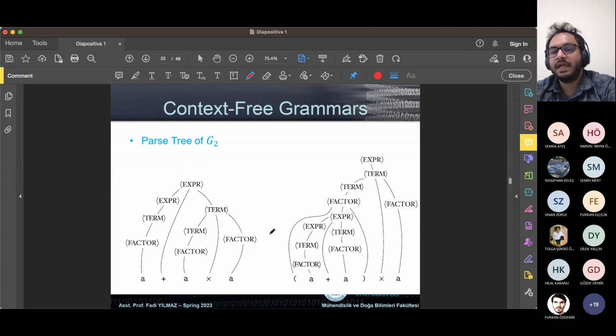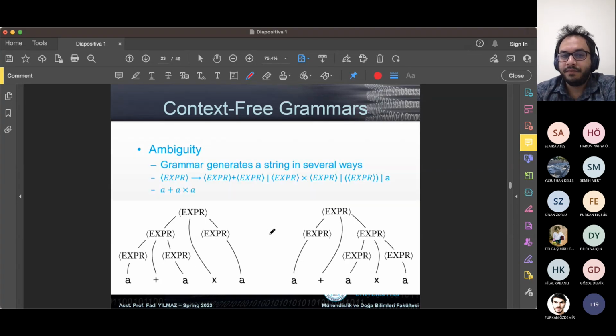Okay, guys. So another example to generate these two strings. Any question, guys, before we start?